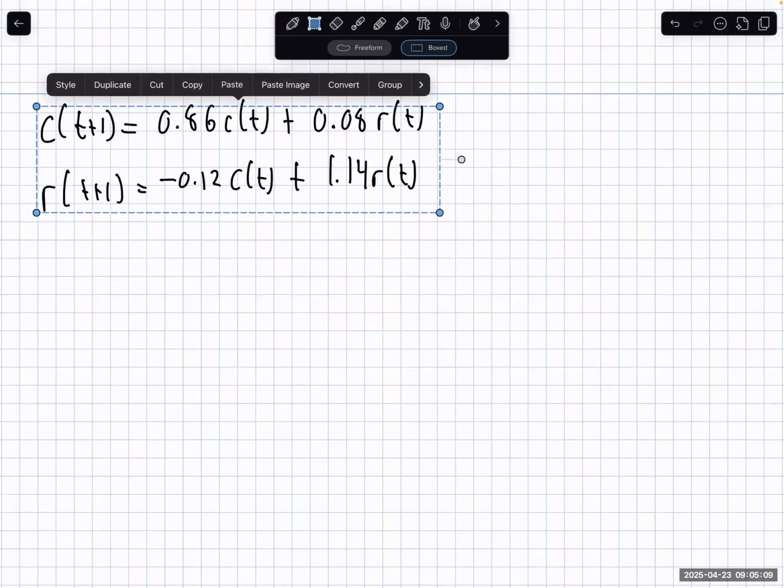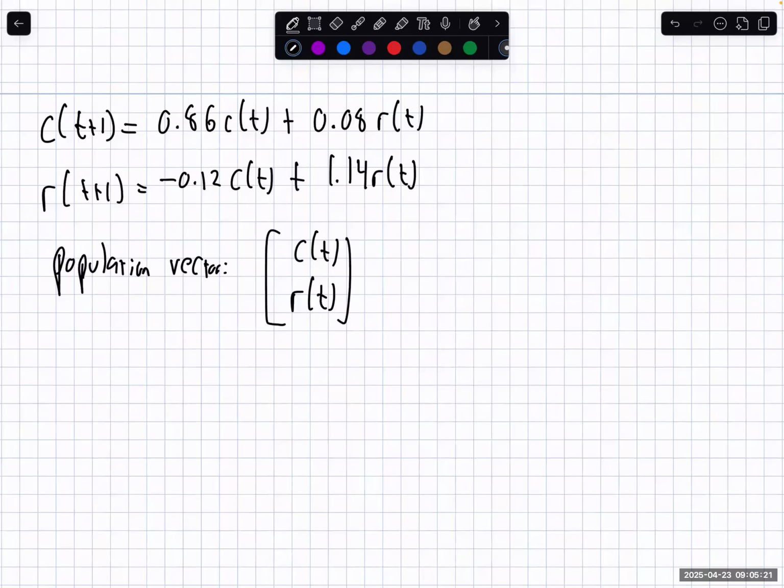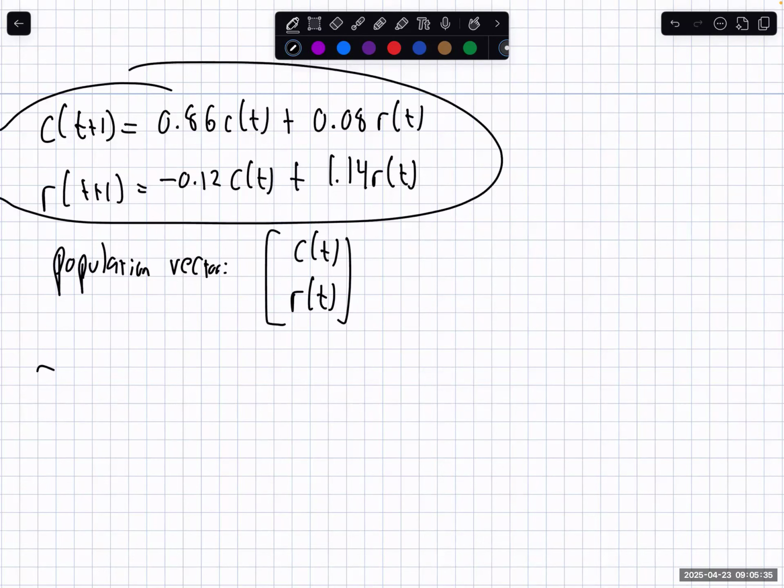Okay, we have to keep track of two things. We can do it with a vector. So we're just going to think of a two-dimensional vector where the x-coordinate is how many coyotes we have, and the y-coordinate is how many roadrunners. And we can vectorize this whole thing.